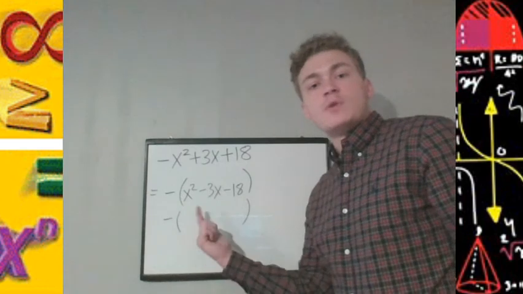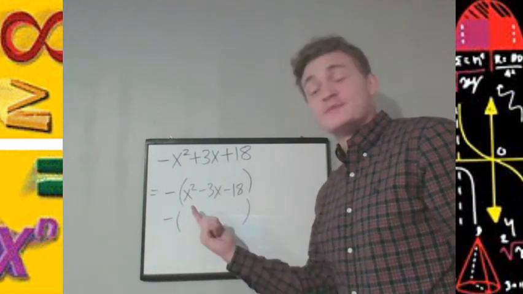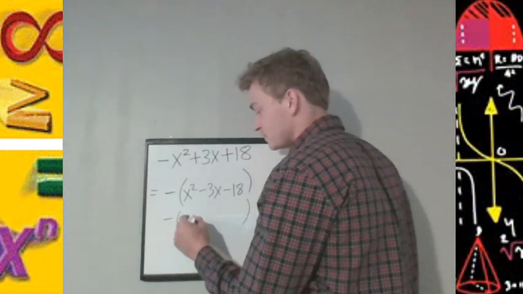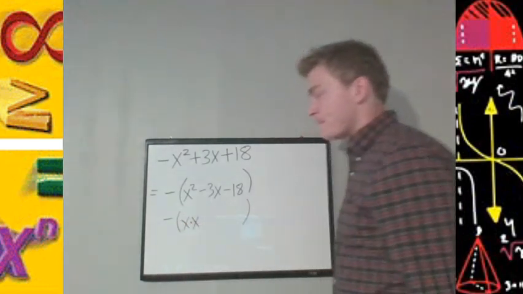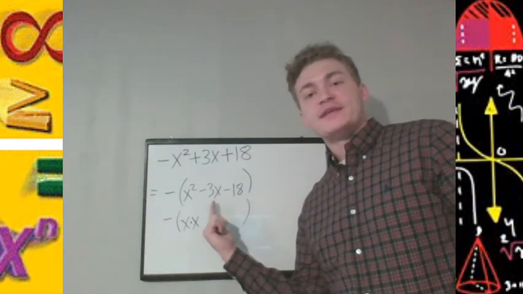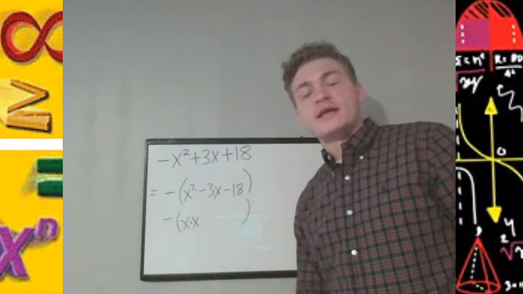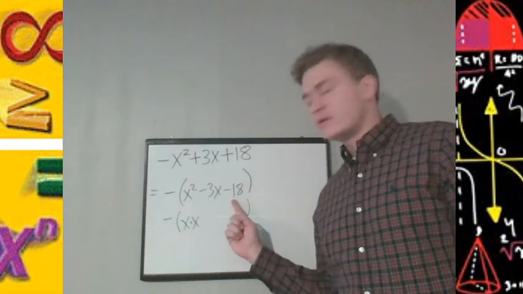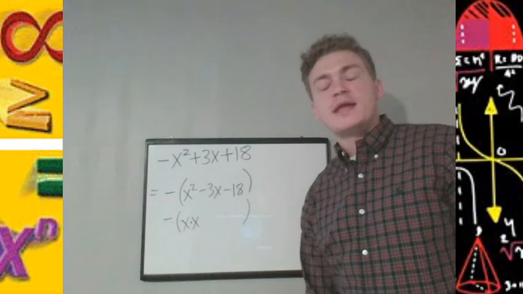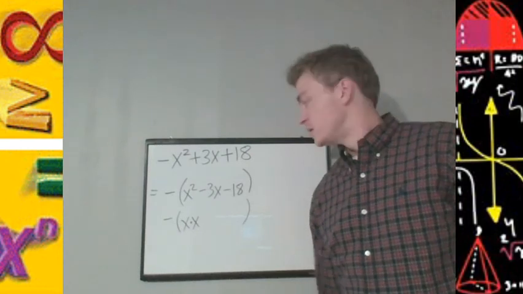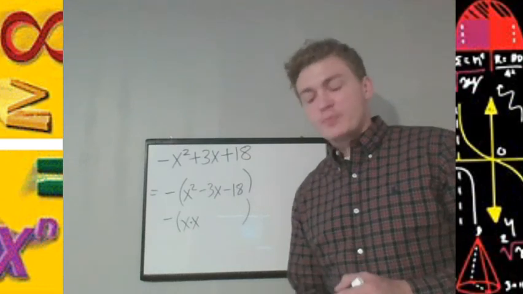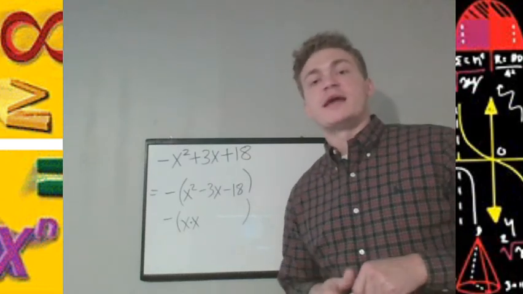Well, what is multiplying together to give us the x squared? That's x times x. Two numbers that will multiply to give us negative 18 that will also combine to give us negative 3. To multiply to give us a negative, one must be positive, one must be negative. To combine to give us a negative 3, the larger number, in a sense, must be the negative value.